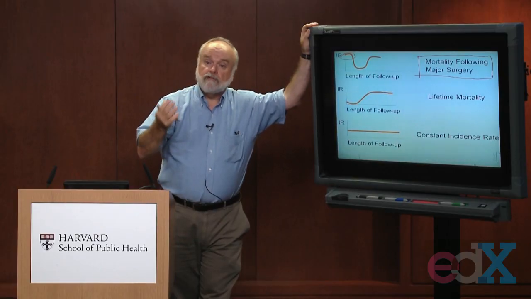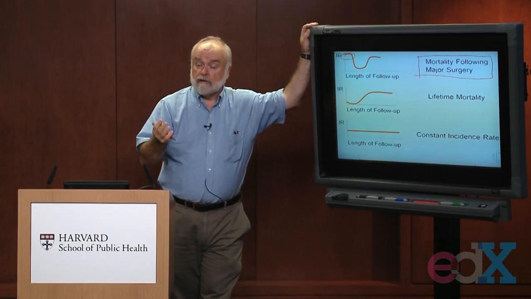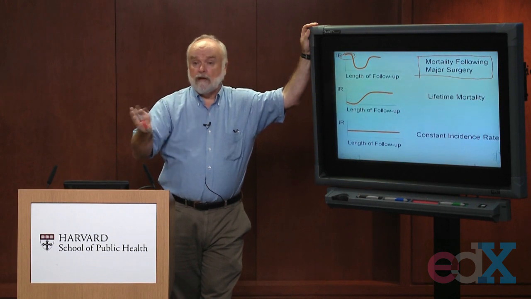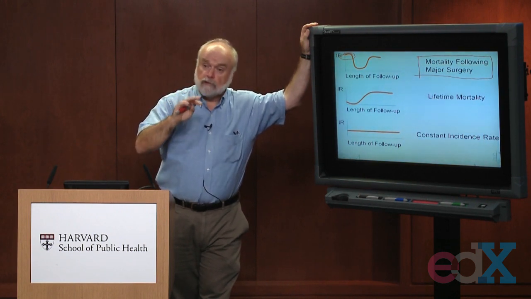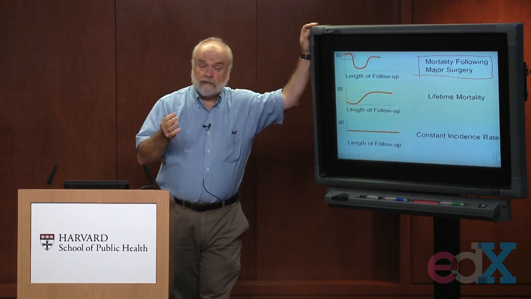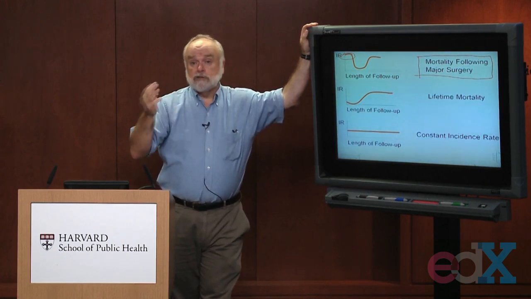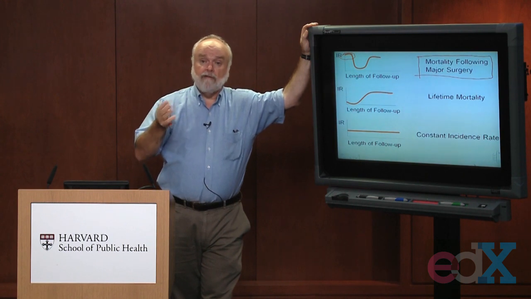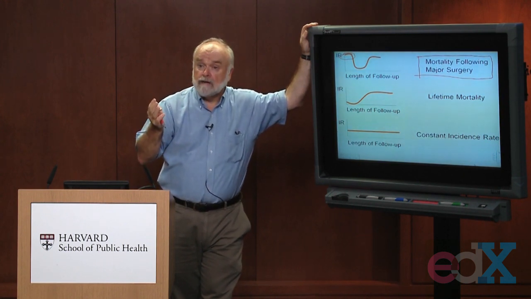But if you make it off the table, if you survive the surgery, and you survive the following days or weeks in the hospital when you're closely being monitored in the intensive care unit, and you're finally discharged, you're being discharged because your surgeons and the other physicians feel that you've survived this high-risk period.